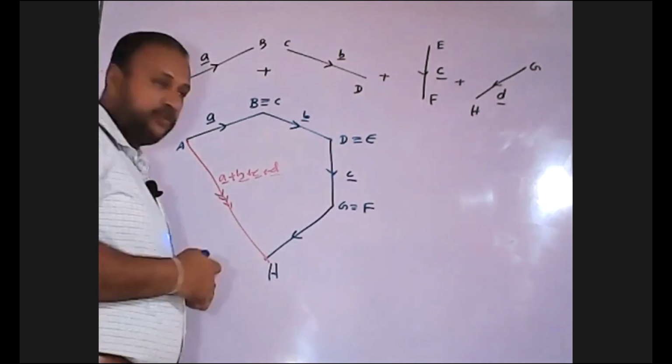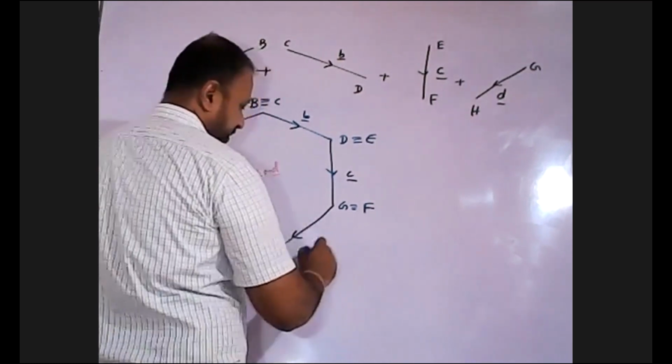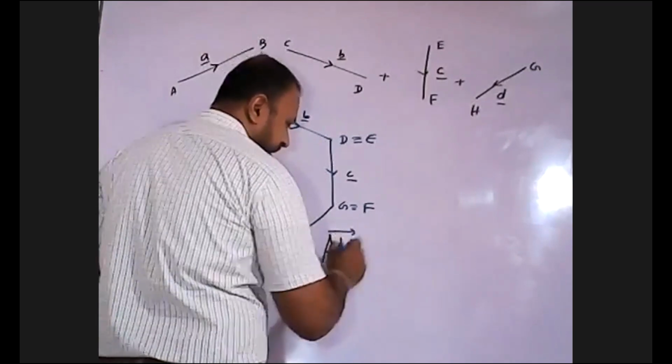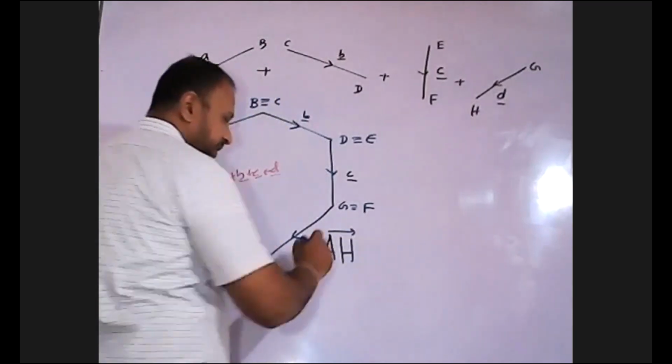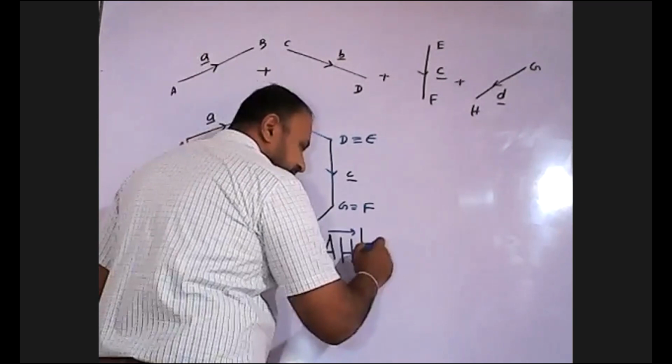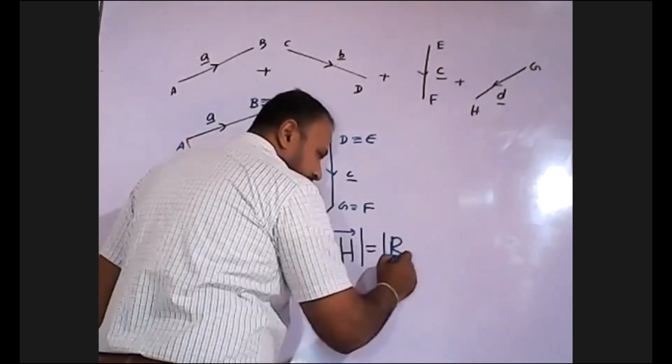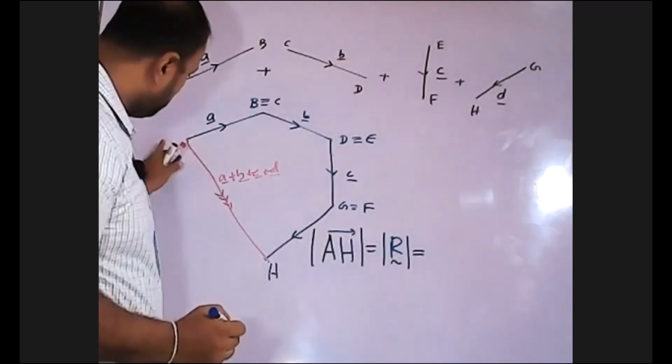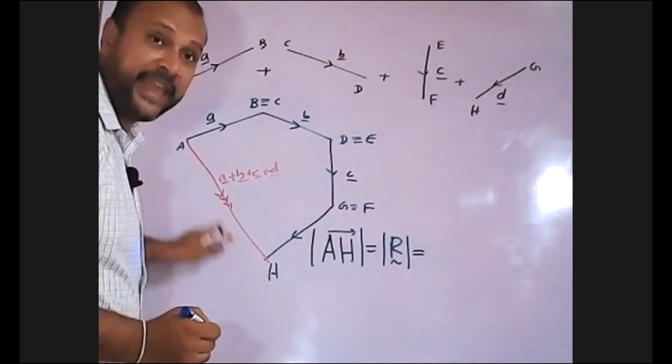Therefore, I can write that one. The magnitude of AH, which means the resultant vector, is equal to the AH length.